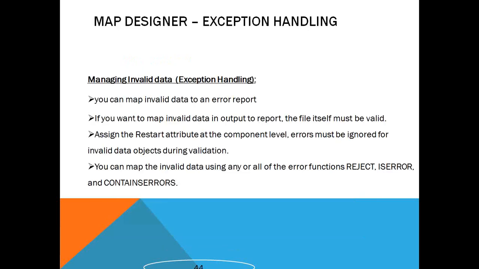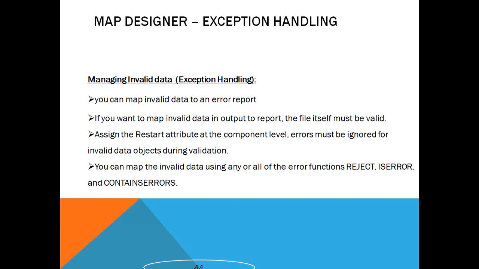So exception handling, as I told, suppose we want to read invalid data also, we have to put the restart attribute at the input type tree and output type tree, or on the output side using the is error, reject function or contains error function. Using those functions, you can write the invalid data to a separate error report.